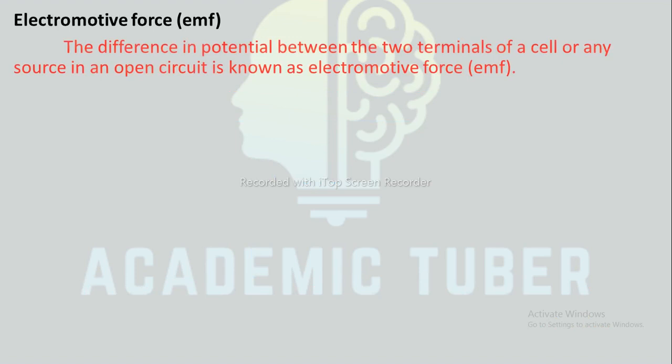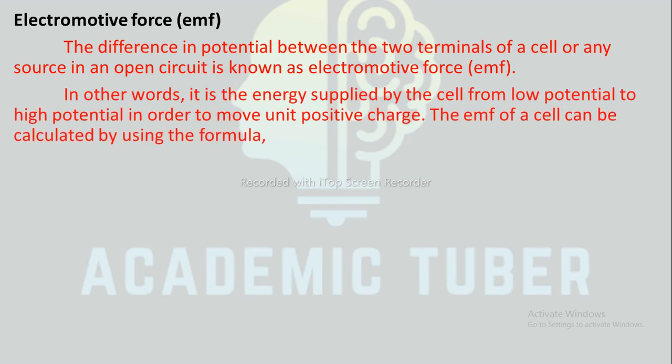Next one is electromotive force, which is denoted by EMF. The difference in potential between two terminals of a cell or any source in an open circuit is known as electromotive force, EMF. In other words, it is the energy supplied by the cell from lower potential to higher potential in order to move a unit positive charge.